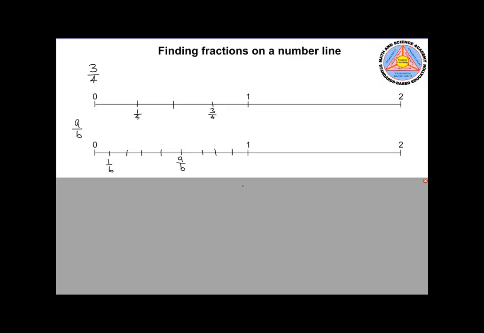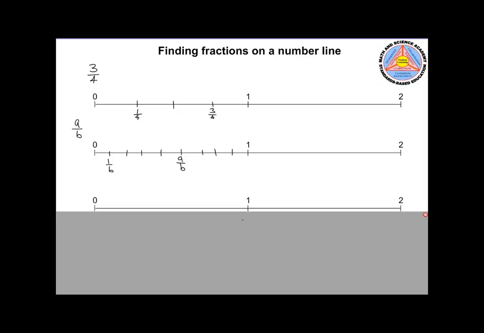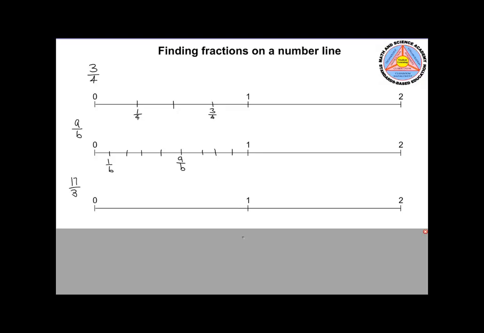However, there are times when this strategy is not so simple. Take, for example, the fraction 17/36. It would be rather difficult to break the unit segment into 36 segments and count from the left 17 of those.